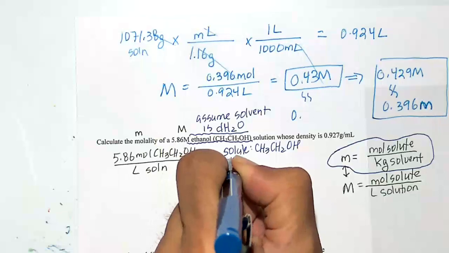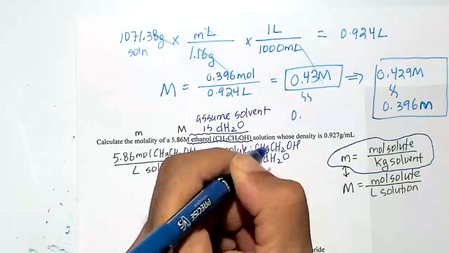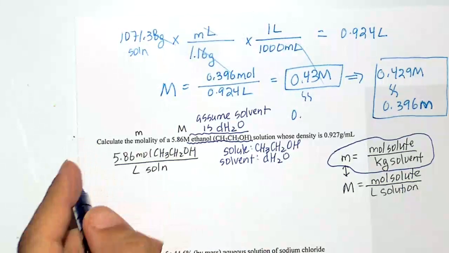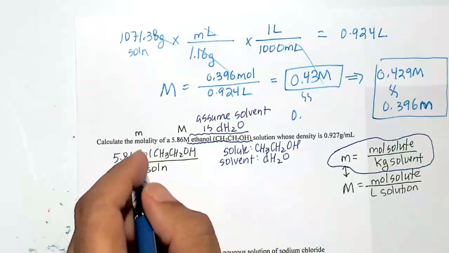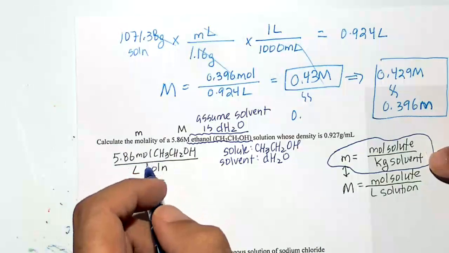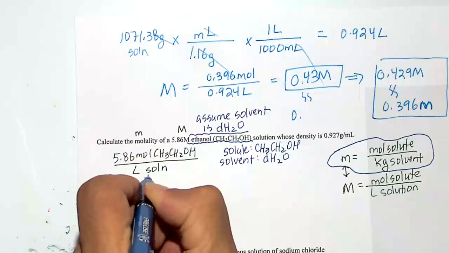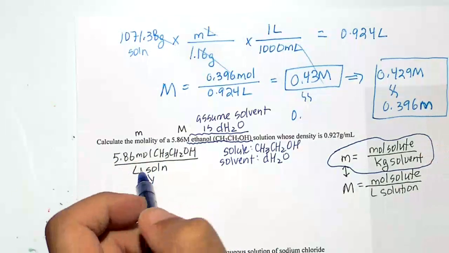Ethanol. And what is our solvent? Okay, water. So we want molality. So moles of solute, we got our moles of solute. We want molality, so kilograms of solvent. Kilograms of solvent is what we need.